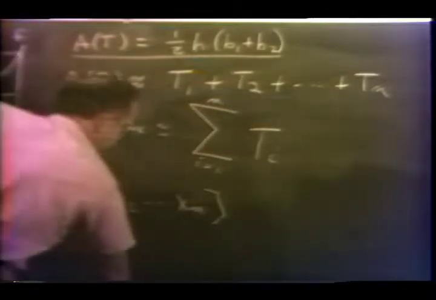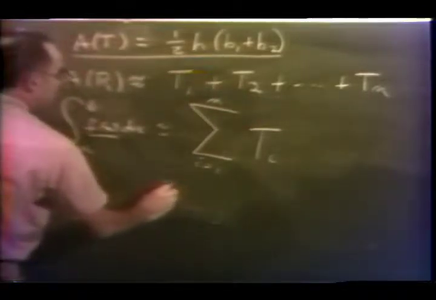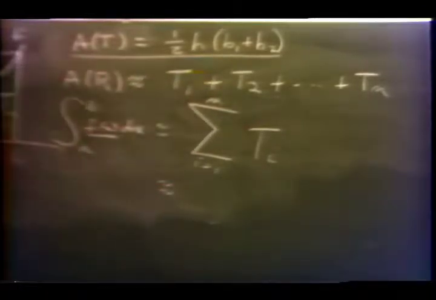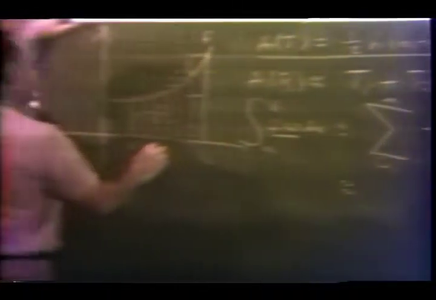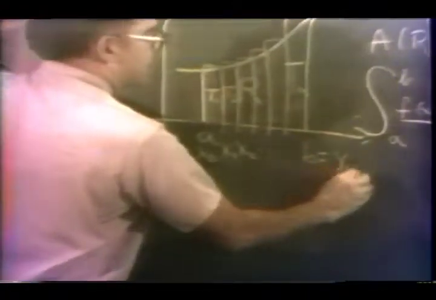Now, using this set of subintervals, if we look at the first trapezoid here, we call a x0, x1, x2, and finally b is x sub n.